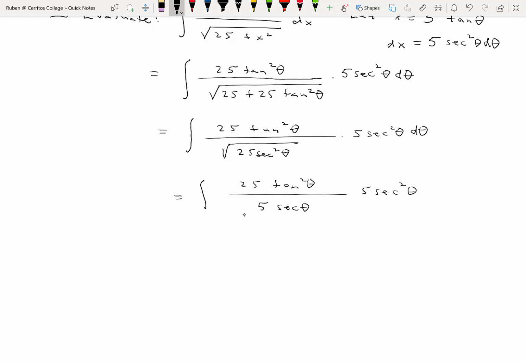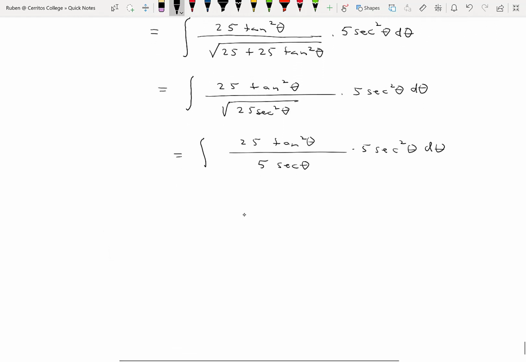And dx is 5 secant squared theta d theta. Well, we don't get that nice cancellation of the denominator like we did in the previous problem. The 5 cancels, the 25 can be brought out front as a coefficient, but we're left with tangent squared times secant. And this is a significant problem. Do you remember how to deal with this?